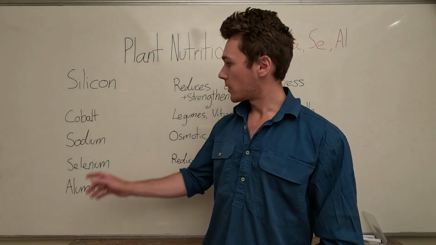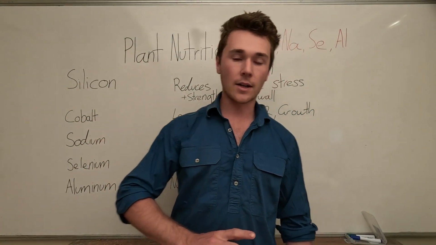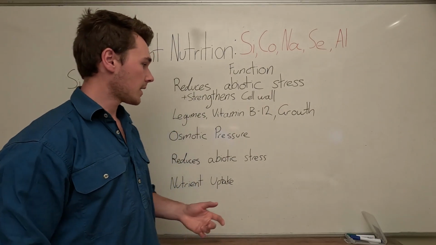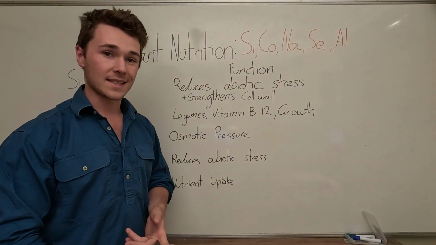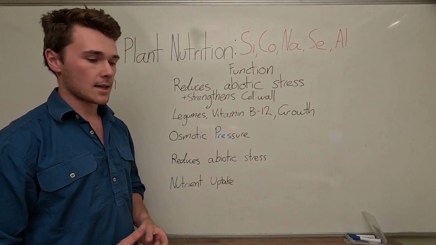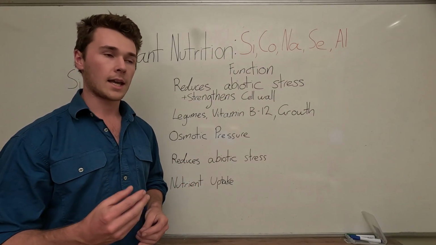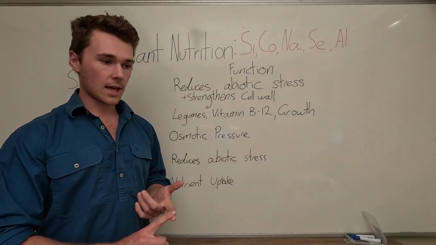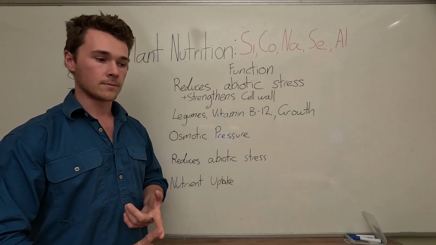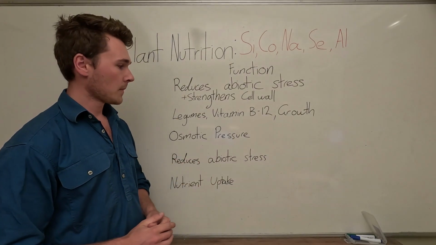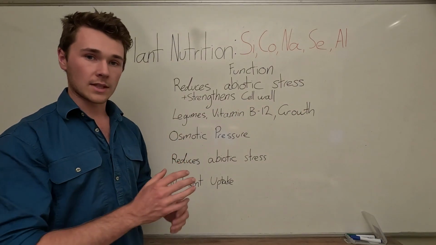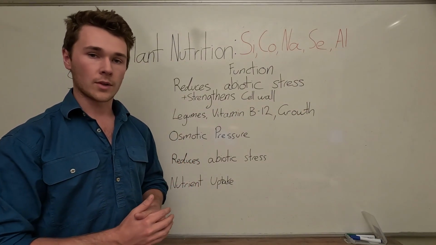Next, we have cobalt. Cobalt has a number of functions. Firstly, in legumes, it increases the amount of nitrogen fixation. There's a compound in legumes similar to our own hemoglobins, which carry oxygen. In legumes, it carries oxygen away from the nodes.